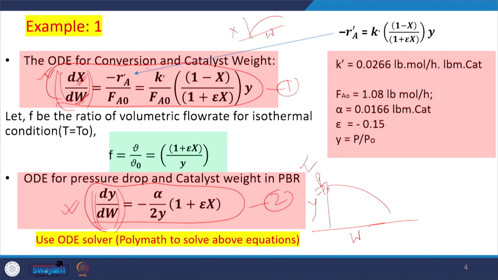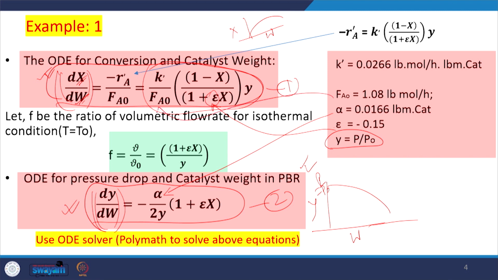On the right-hand side we have epsilon, the fractional volume change that we have evaluated, the alpha value that is required, y equals P by P naught, the fractional pressure, and F A naught, the molar flow rate.